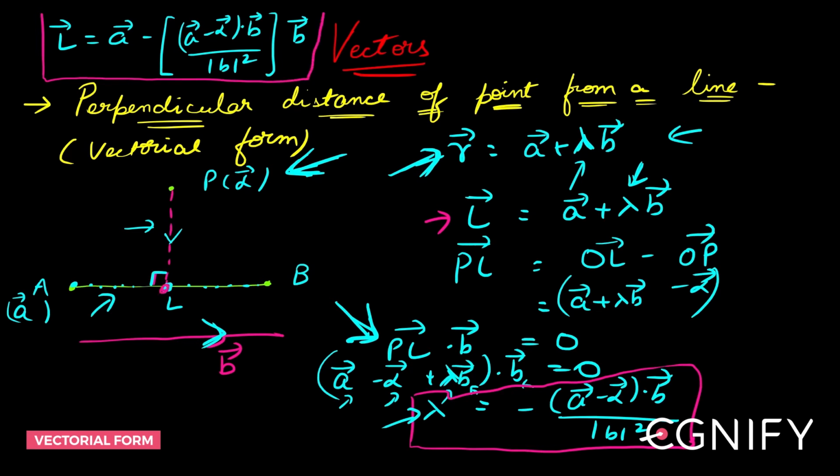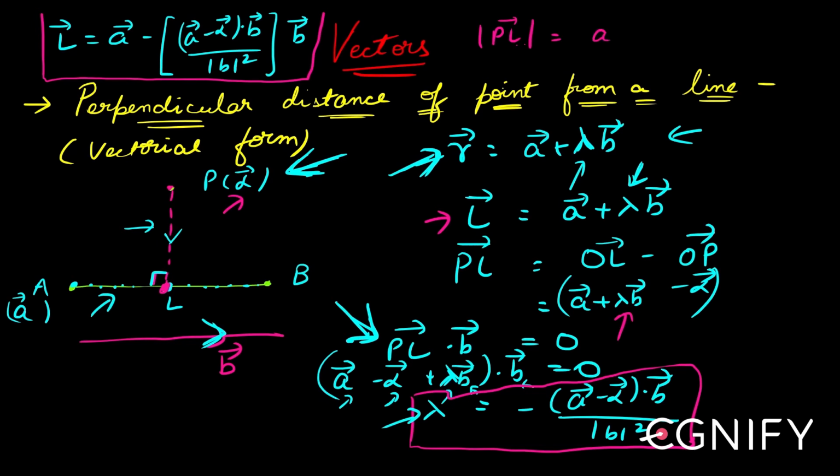Now, if I know the position vector of L and I know the position vector of P, simply mod PL will give me the distance. So basically, I already know P, it is alpha bar. Now I also know L, right? So I'll put lambda in this, and I'll get some vector. So what I will be getting is a bar plus lambda b bar minus alpha bar.